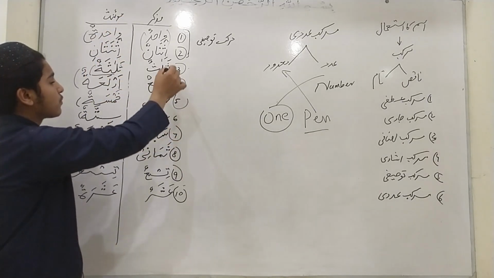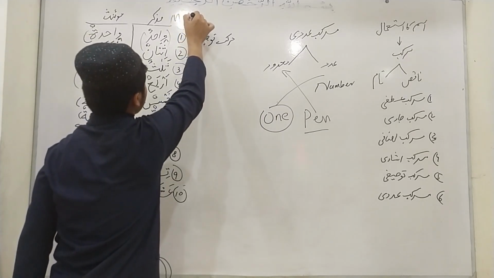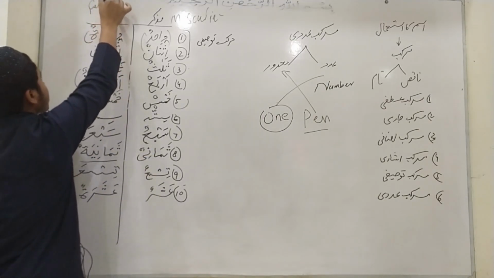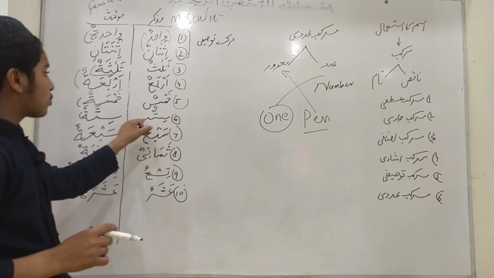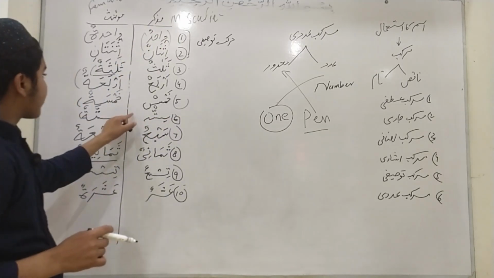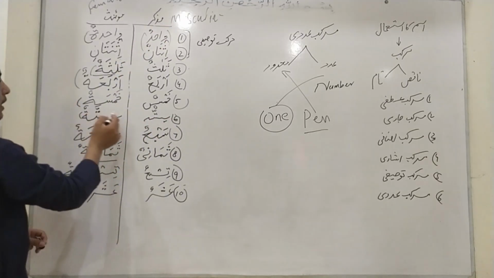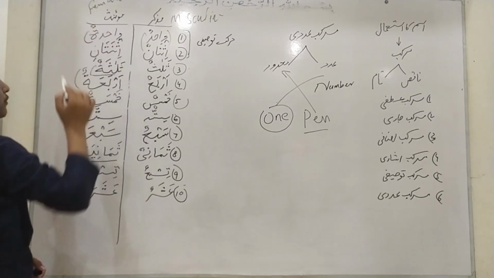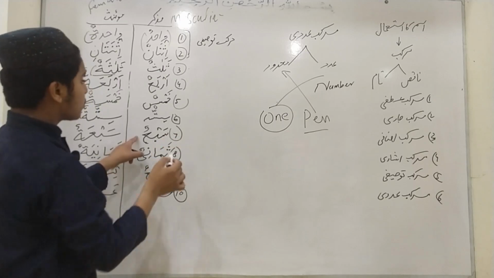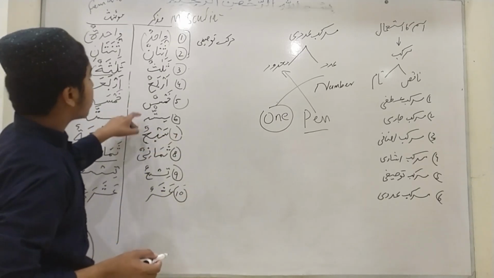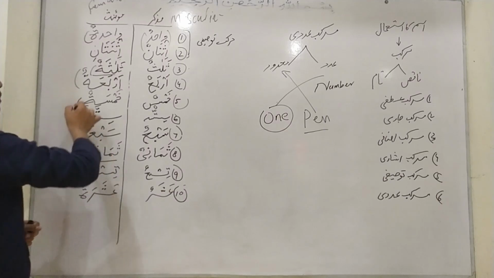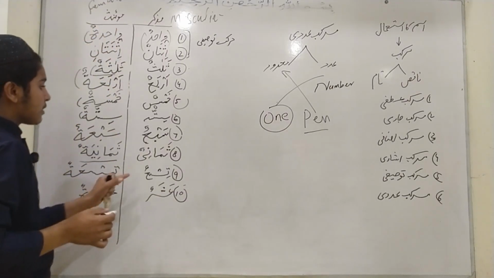Sittun, it is used for 6 for masculine, and muannas used for feminine. 6, sittun for masculine, and sittatun, ta marbuta has been added to sittun and it is made sittatun, and now it is used for feminine. Sab'un, used for 7, and sab'un is masculine number, and sab'atun, it is a feminine number.